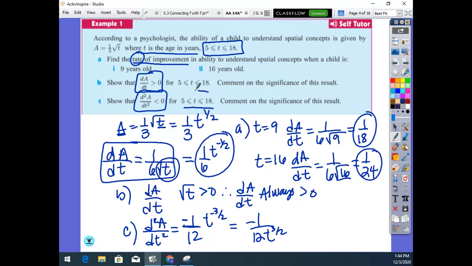So between 5 and 18, t to the 3/2 will always be positive, times negative 1/12. This is always going to be less than 0. And this is our second derivative, the acceleration. The rate is slowing down.